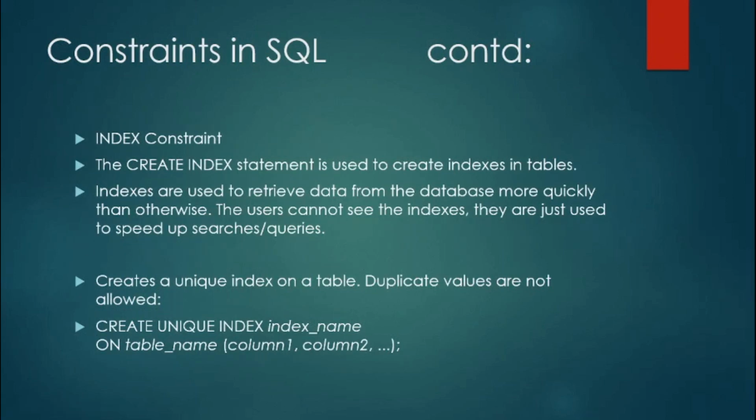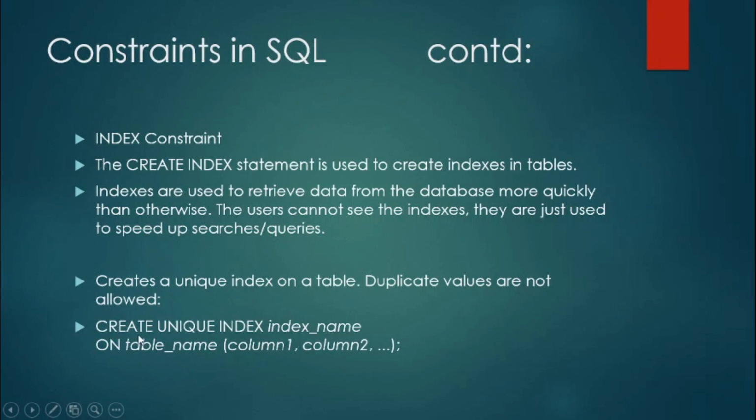And now it is the index constraint. So what the index constraint actually does is it is used to create indexes in the table. And what these indexes are usually helpful for is that they help us to speed up the searches in the queries. Okay, so let's see how we are creating an index. Here we are creating a unique index on a table.